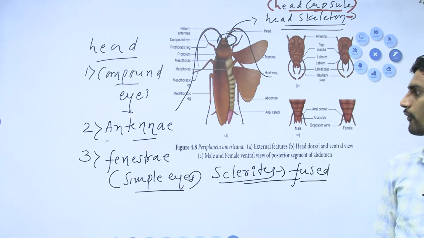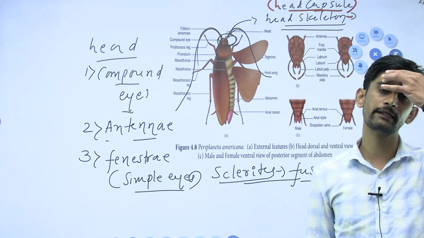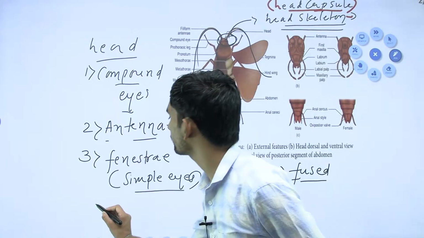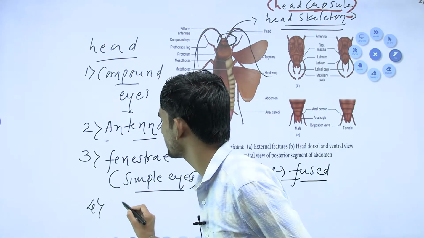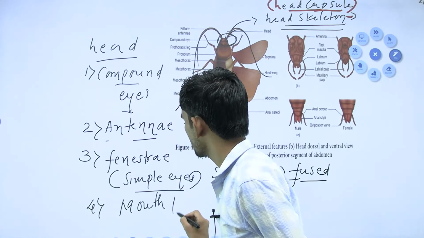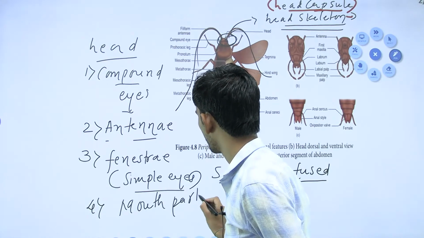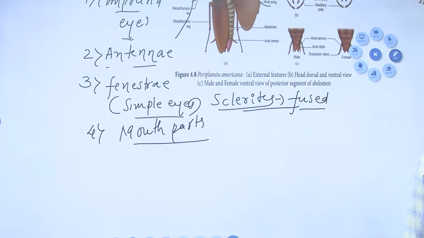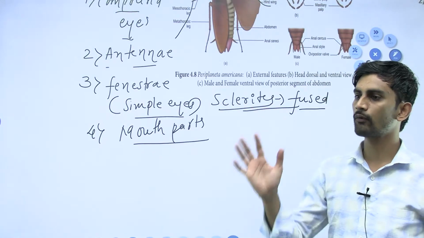Along with these, in the head region you will also find a fourth important sensory structure called mouth parts. Different types of mouth parts are found here. We'll discuss them one by one.